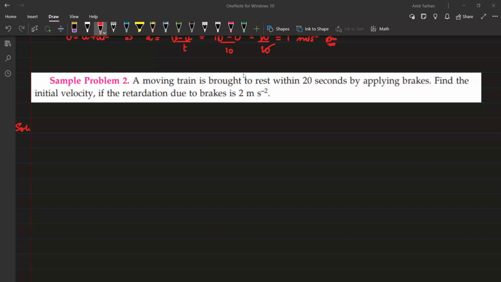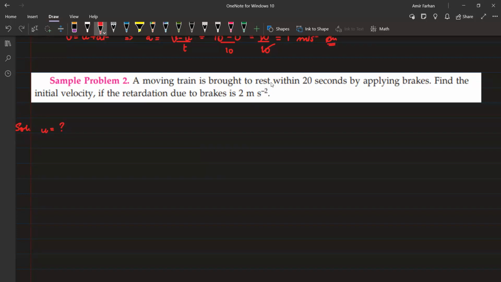Great. So a train is brought to rest. Brought to rest means that it was in motion actually, so some initial velocity will be there as well. We don't have the initial velocity right now because we have to find it.